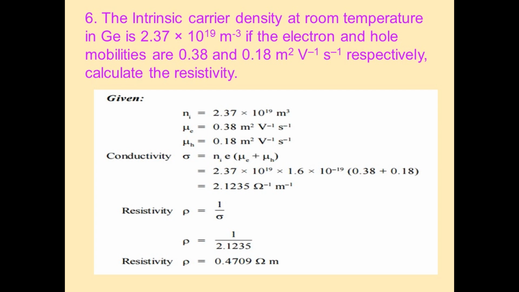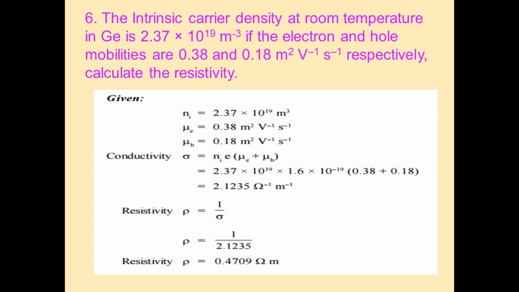In the previous problem, we calculated conductivity. In this problem, we have to calculate the resistivity. Ni is given as 2.37 into 10 power 19 per meter cube. Mu E is given as 0.38, mu H 0.18.